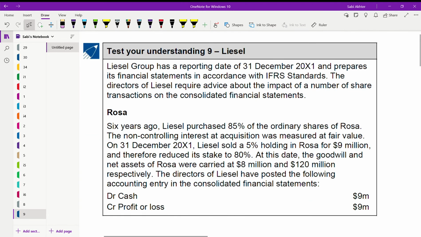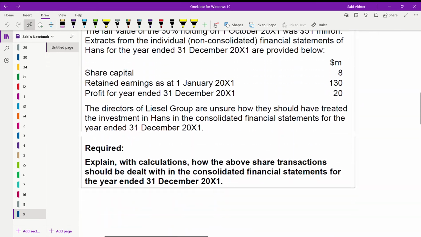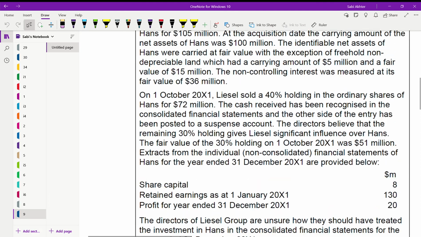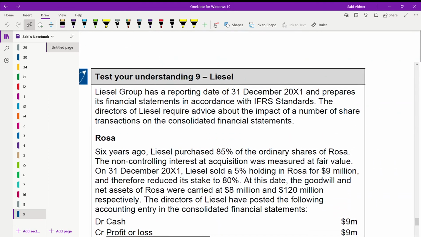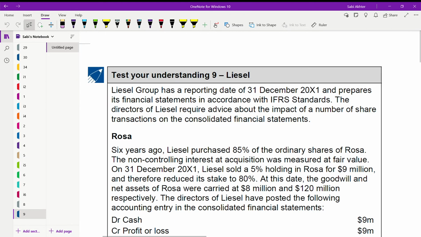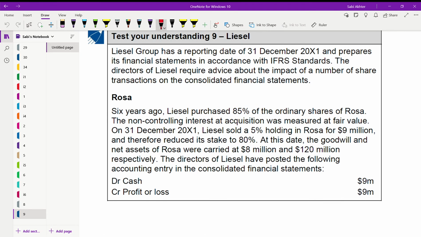And now let us go to the last test your understanding, that is 9. Explain with calculations how the above transactions should be dealt with in the consolidated financial statements. So now let us go to Rosa. Liesel purchased 85% in Rosa.